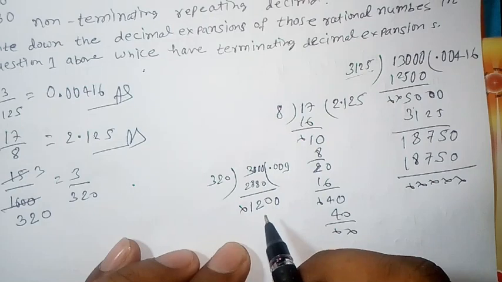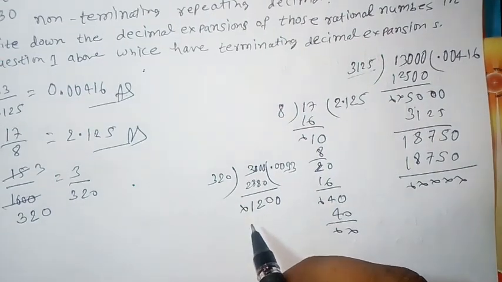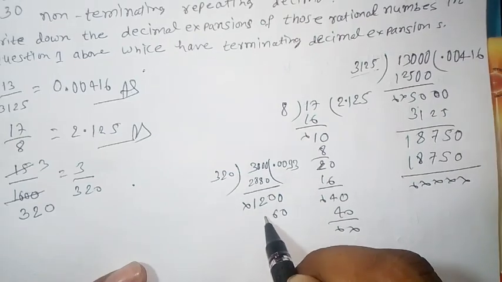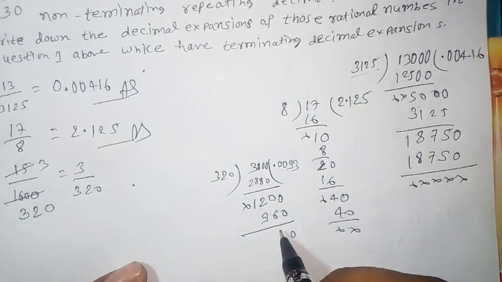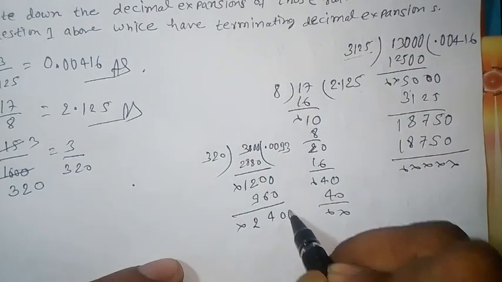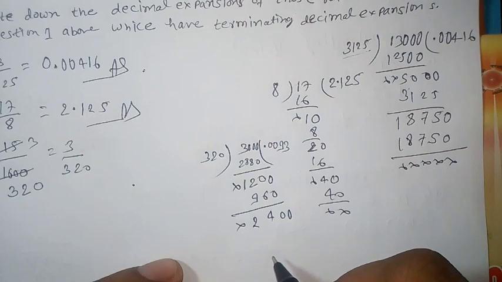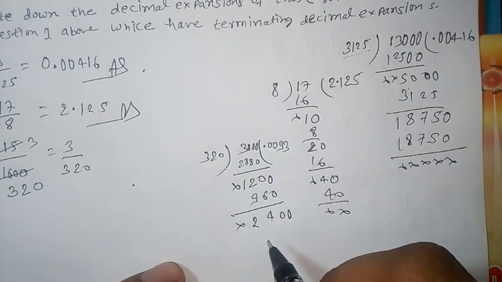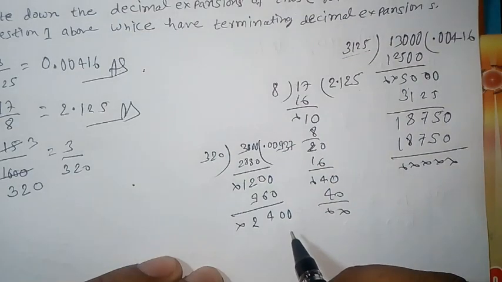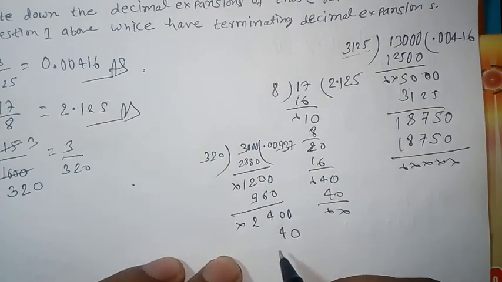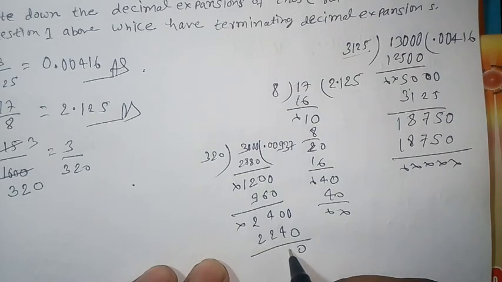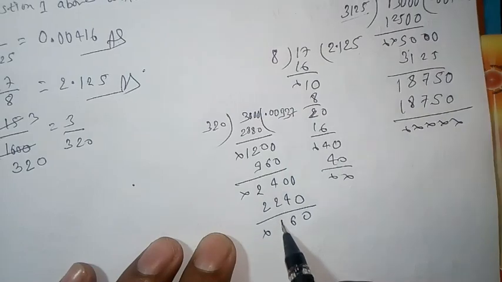Putting 0, 3 nines are 27, and so on, 3 fours are 12, so greater than 1200. Again putting 0, 3 sevens are 21.